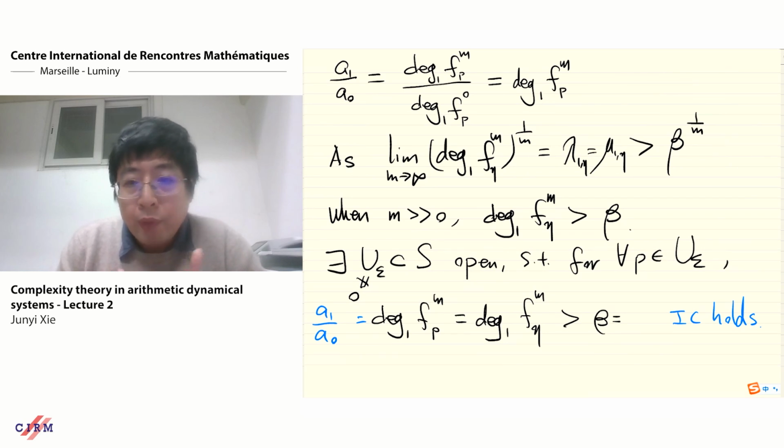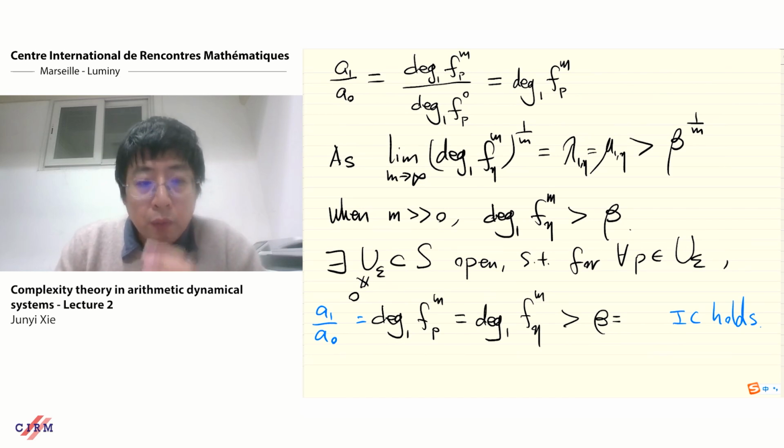And then if we take the limit of degree 1 of F_eta^m to the 1 over m, by definition it is the dynamical degree, so it's lambda 1 eta, and it is also mu1 eta. And it is strictly larger than beta^{1/m}.